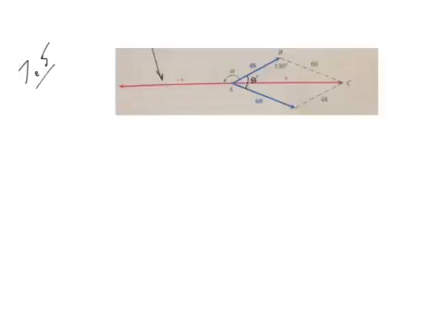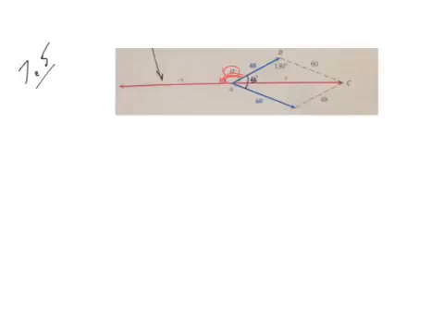We're also told that this angle here is 50 degrees. And they want us to find the angle between the equilibrant and the 48 force. So they're looking for this angle here, alpha. Let's see how we can do that.